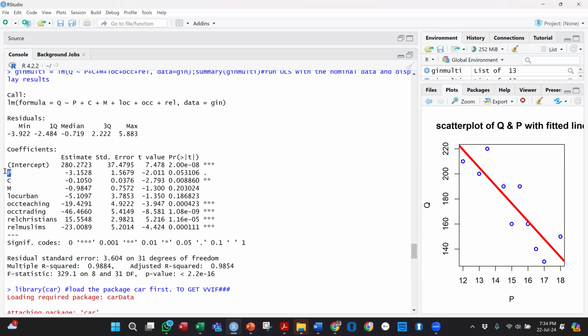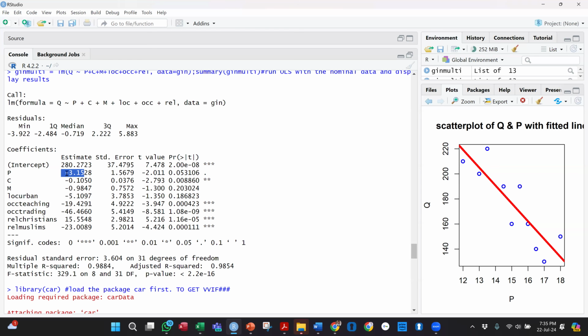Decrease because of the negative sign. The 3.15 is a negative symbol. So anytime you are interpreting a negative value and you have already said a 1 unit increase in something, that will lead to a decrease in the other because it's negative.